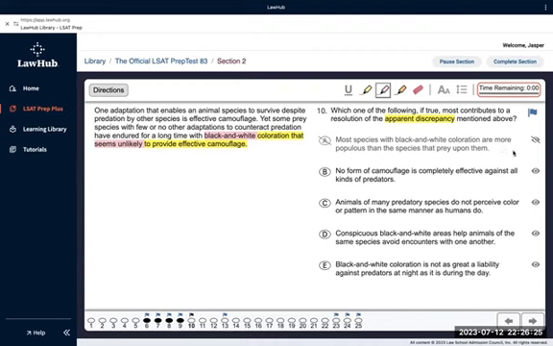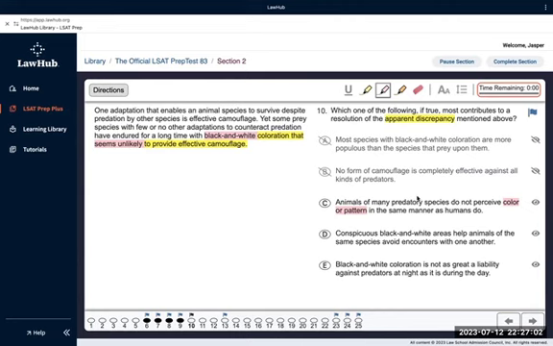C, animals of many predatory species do not perceive color or pattern in the same manner as humans do. Okay, that's interesting, right? The issue that we have with the coloration of this species is that it's black and white. But if the predators don't perceive color or pattern the way that we do, then maybe the black and white coloration isn't really relevant.